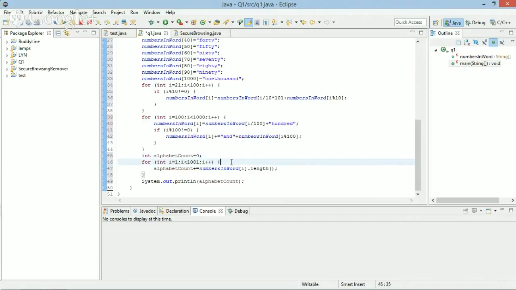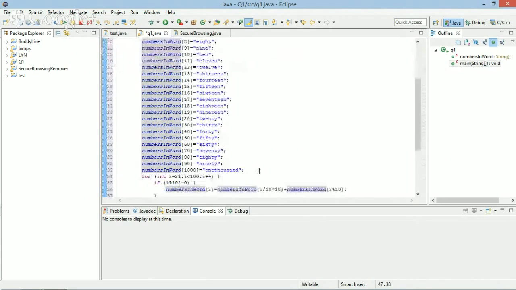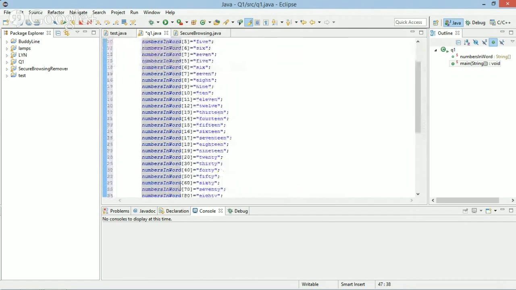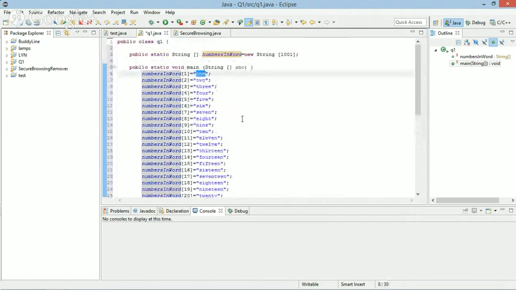So now we are going to loop through 1 to 1000 inclusive to calculate how many letters are used in expressing the numbers in words. Let's say the first one, for 1, I have 3, so alphabet count equals 3. And the second one, 2.